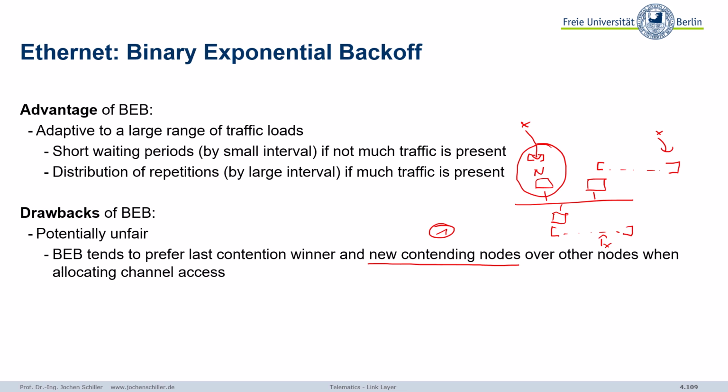Plus, if someone wins the contention, then this winner says, hey, no more collision, because I picked a certain random number, maybe lower than the others, so I was the winner. I waited a shorter period of time, no more collisions, and then also the contention window where you pick your random number from shrinks again.